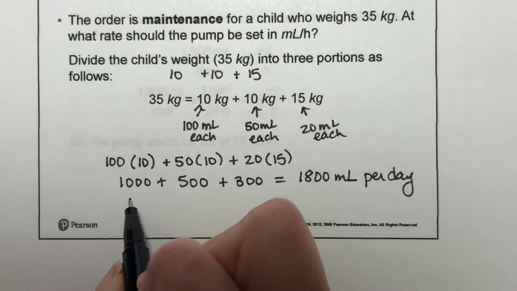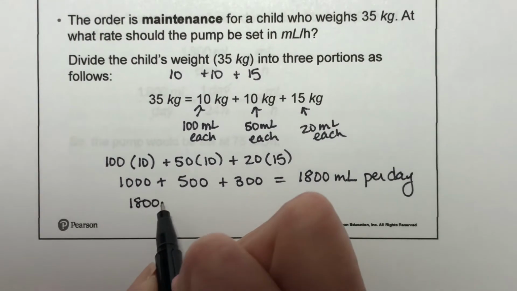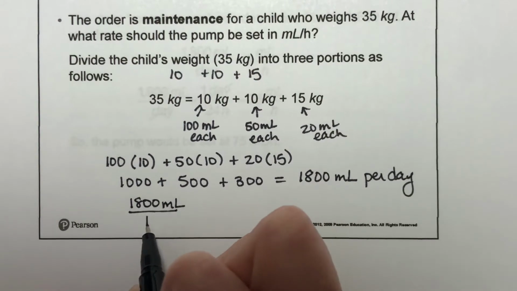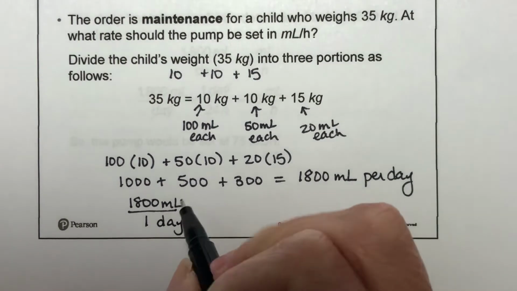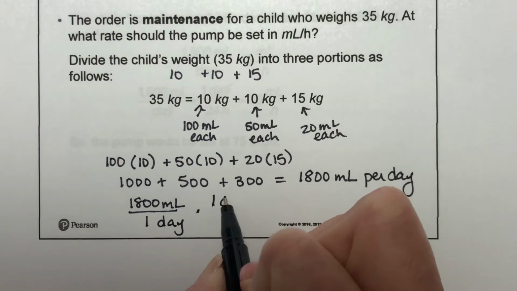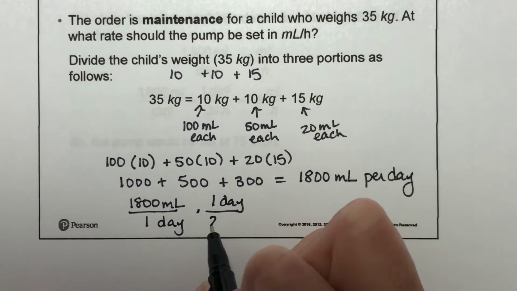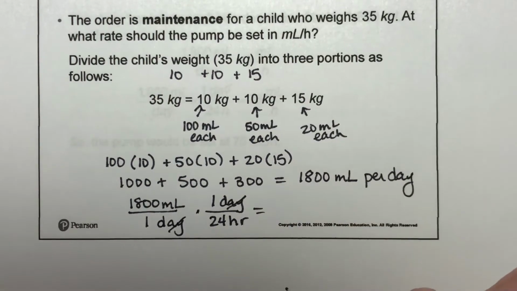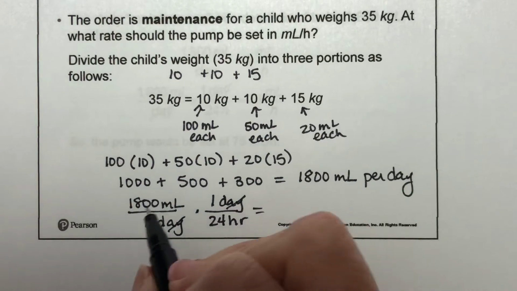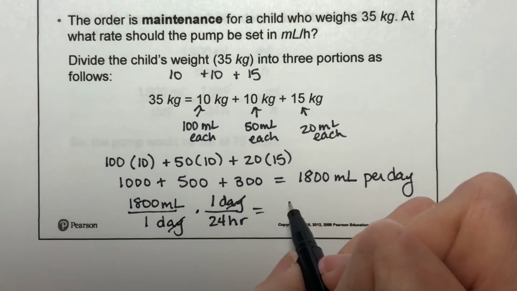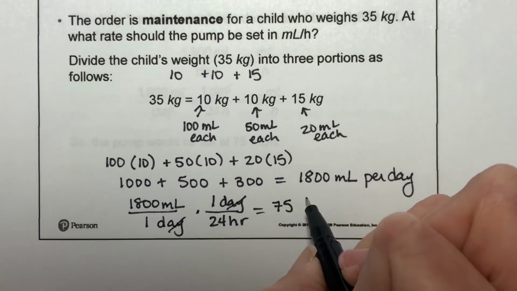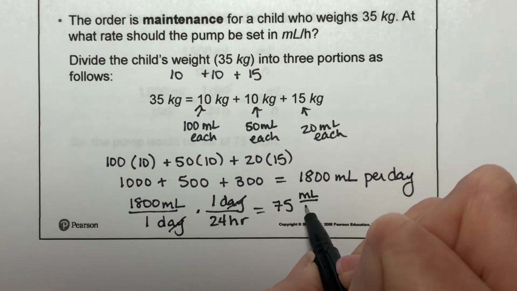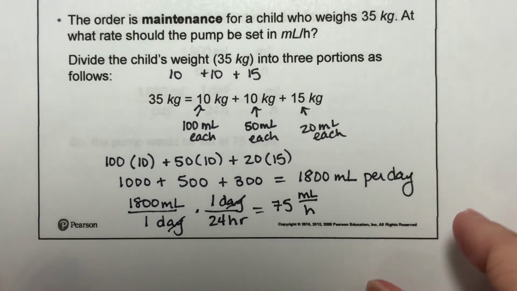We have 1,800 milliliters for one day, and in one day there are 24 hours. Days cancel. 1,800 divided by 24 is 75 milliliters per hour. And that would be the answer you're looking for.